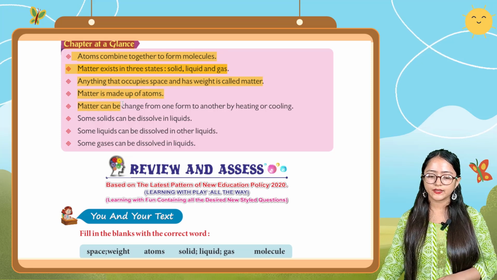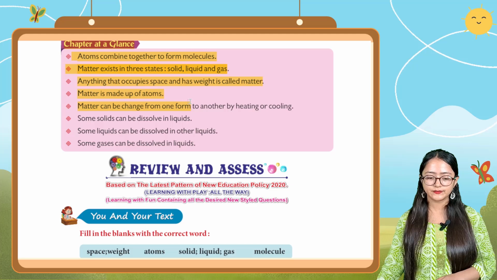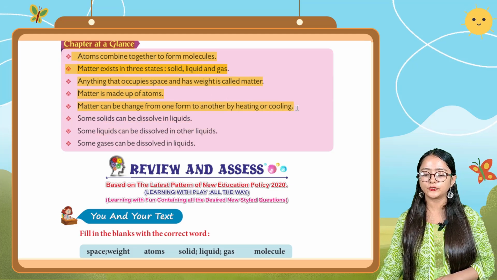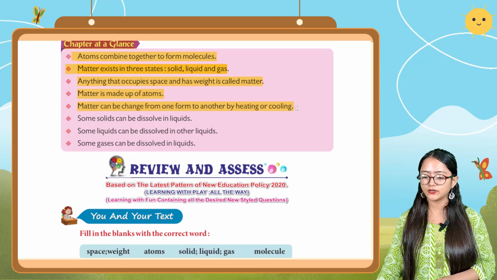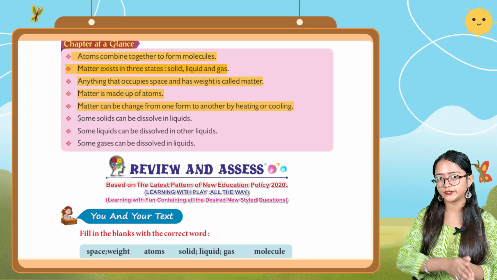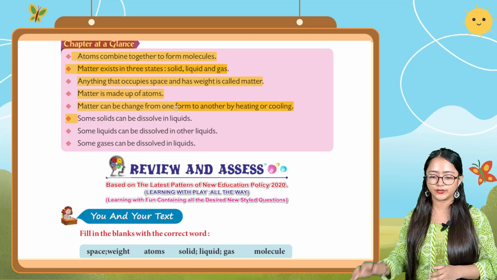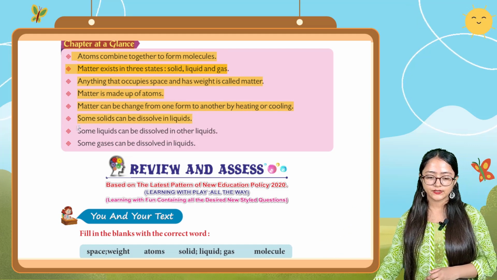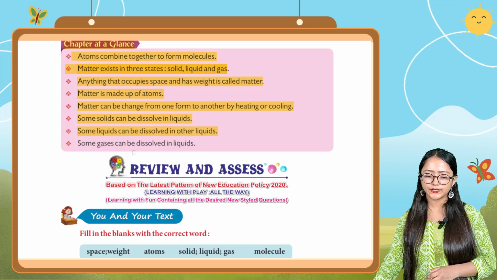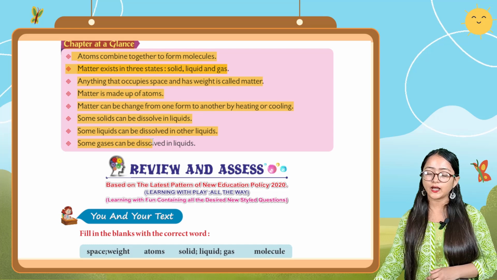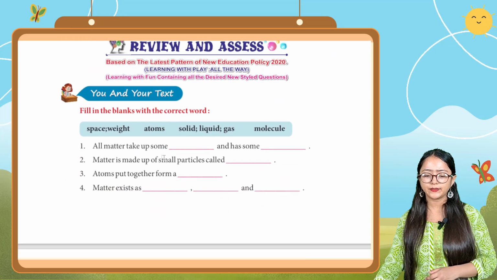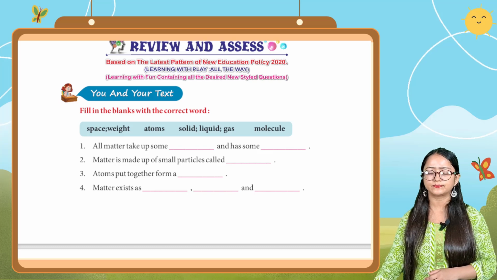Matter is made up of atoms. Matter can be changed from one form to another by heating or cooling. Some solids can be dissolved in liquids. Some liquids can be dissolved in other liquids. And some gases can be dissolved in liquids.